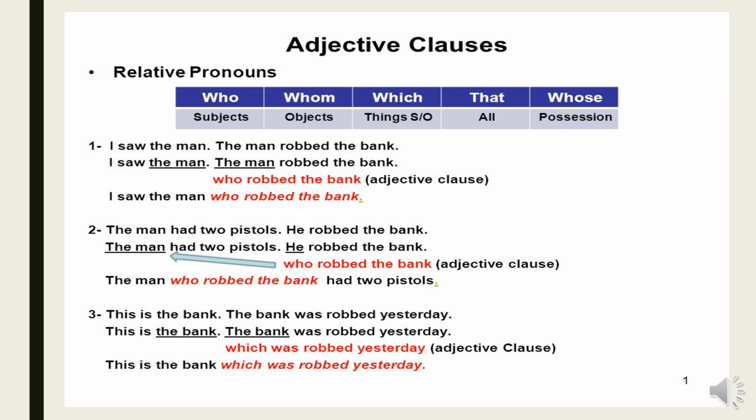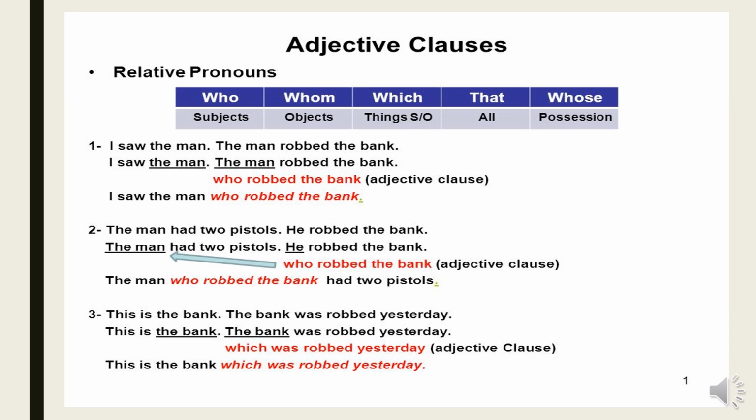I saw the man robbed the bank. I can replace it with an adjective clause. It means I can say, I saw the man who robbed the bank. This would be much easier. The man had 2 pistols. He robbed the bank.